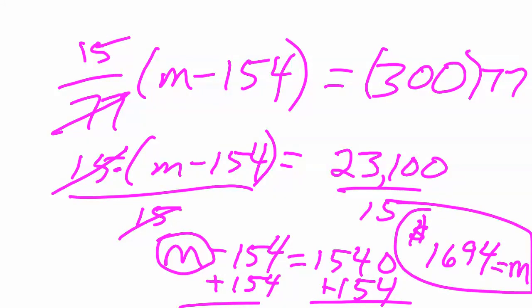Now that we have that answer, we can go back and check it in the original. I erased the problem, but if we started out with $1,694 and he spent $154 on a radio, that leaves $1,540. And then he was going to spend 6/11ths of that on his friends.